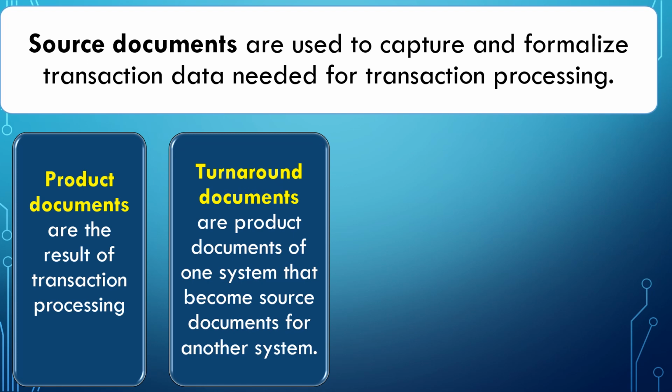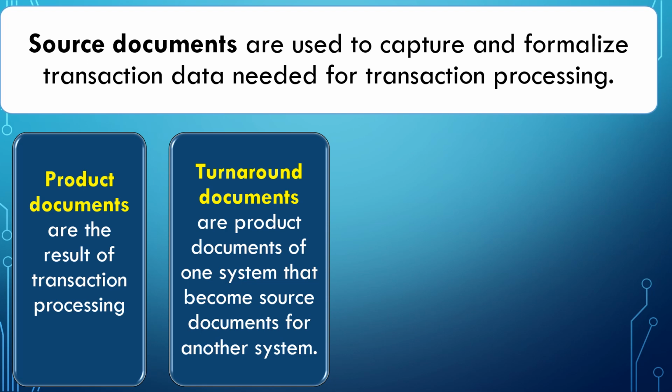What is the second type? Turnaround documents. We will have some examples in a short while, in a very simplistic and visualized manner. Turnaround documents are the product documents of one system that become source documents for another system.